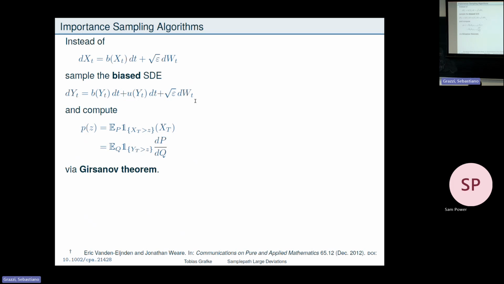And then if I want to compute a rare event probability, so the expectation over the measure of X, which I call P, of the indicator function that the thing happens, can equally be phrased, that's just importance sampling, as the expectation over Q, which is the measure of this process Y, times the indicator function, and I need to correct for it by dP by dQ, which is a Radon-Nikodym derivative that comes from Girsanov. I need to translate from one stochastic process to the other.